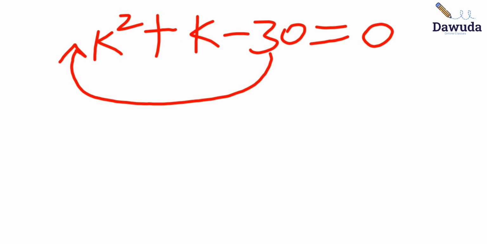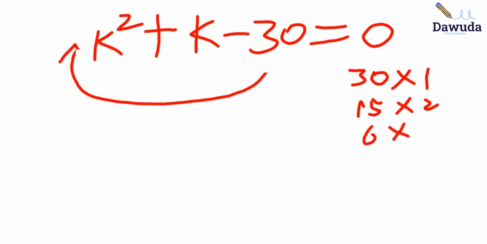We have 30 times 1, 15 times 2, and 6 times 5. So 1, 2, 5, 6, 15, and 30 are all factors of 30. You find the pairs such that when you add them, it will give you 1.